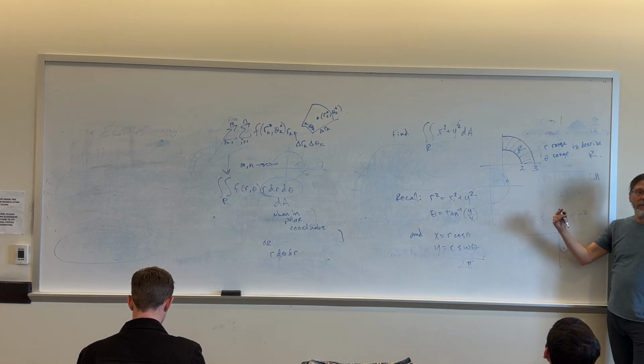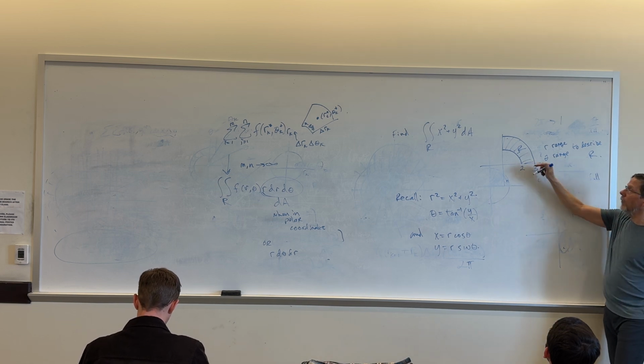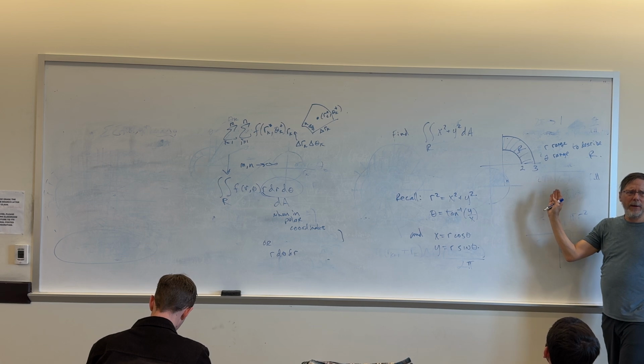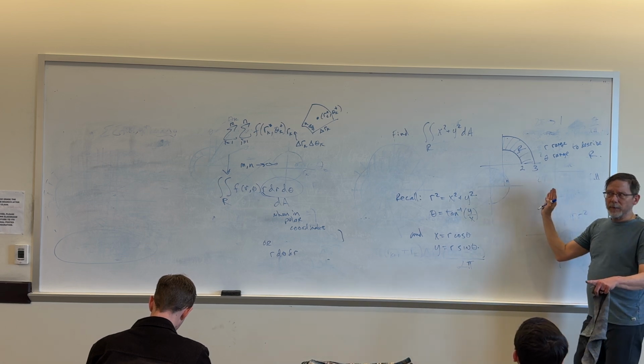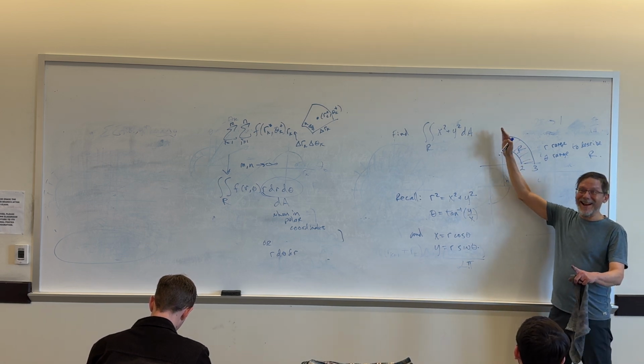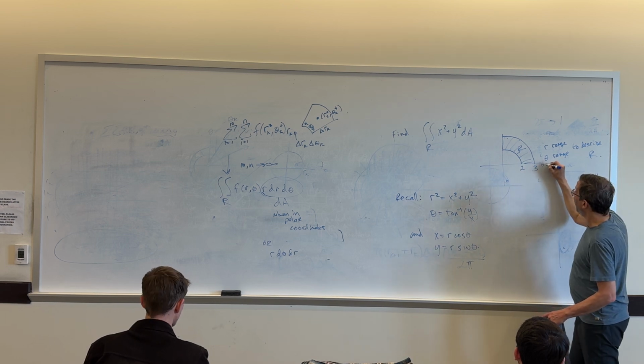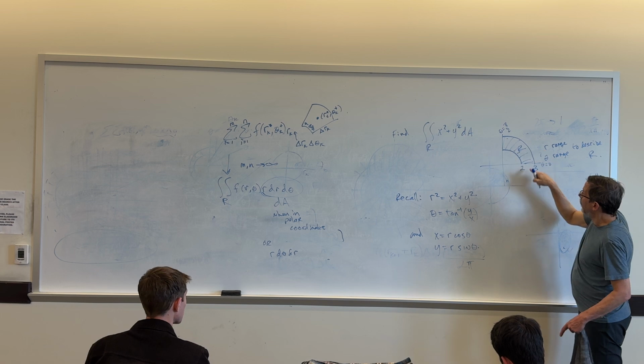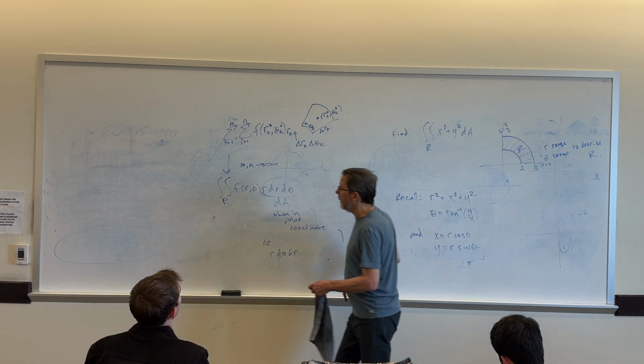This is not 2 to 3. There, the radius moves from 2 to 3, and then what's the theta sweep? 0 to pi over 2, right? Just up to 90. So here theta is 0 here, and theta is 90 degrees there. And meanwhile, the r is going to move from 2 to 3.